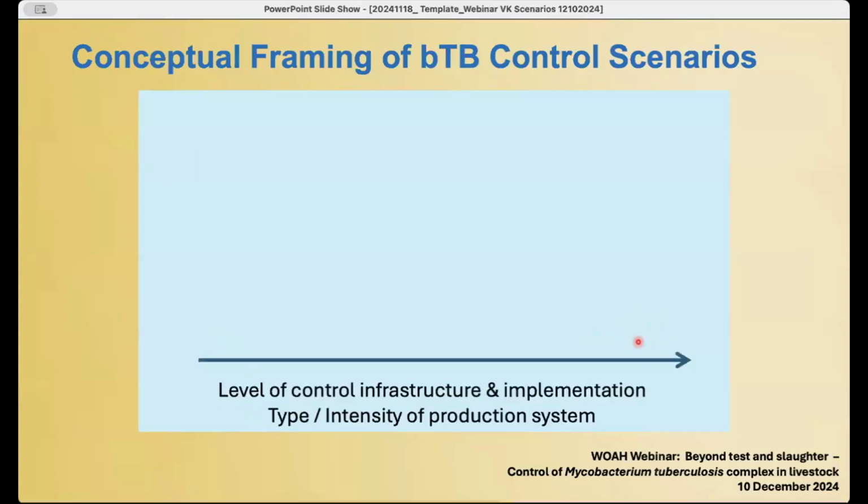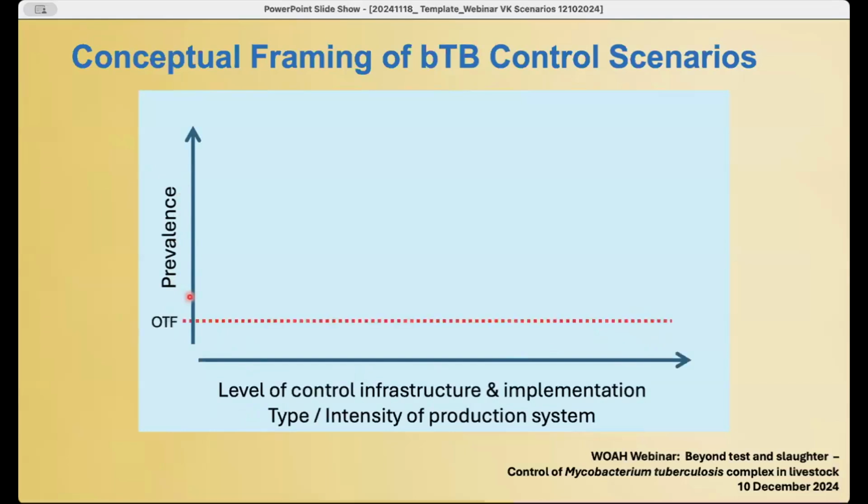And then on the y-axis, looking at the prevalence level, effectively from low to high, and then establishing what might be an officially TB-free cutoff scenario. If you then start to stratify different scenarios, in scenario one, you can have a system with really well-developed infrastructure, well-established control programs, as well as intensive production systems.